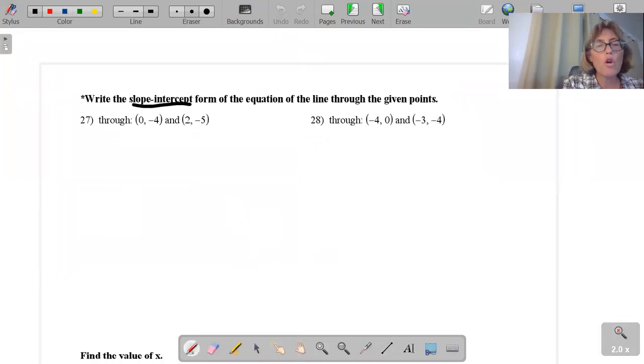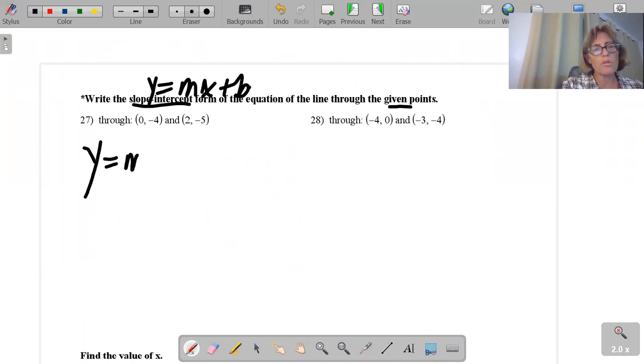We want the slope-intercept equation of a line through the given point. Slope-intercept is y equals mx plus b. So the first thing we're going to do is find the slope.